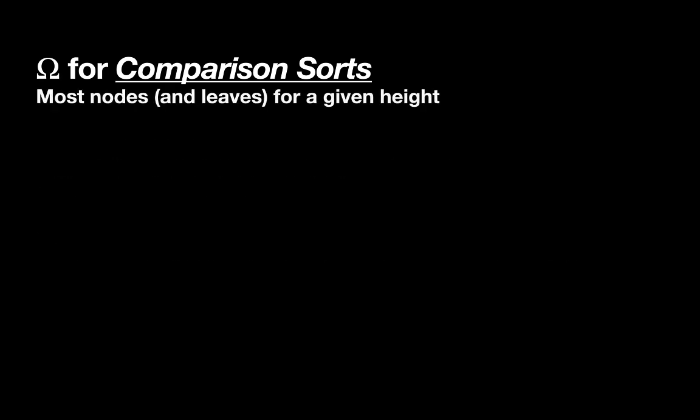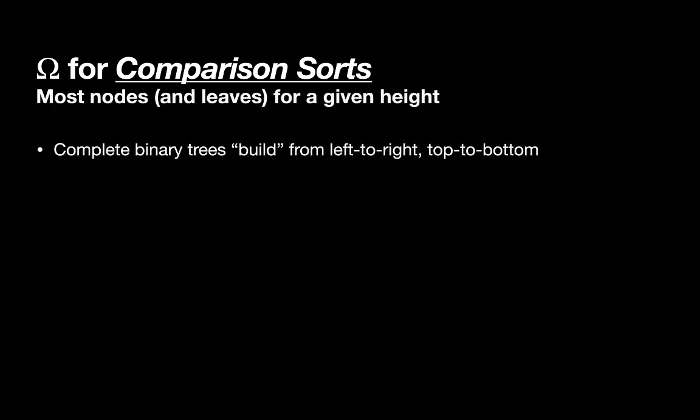Okay, so if you remember, these trees build from left to right, top to bottom, and we established some relationships for the number of nodes. So a tree of height h has between 2 to the power of h nodes and 2 to the h plus 1 minus 1. But what we're really interested in here is the number of leaves, because the number of leaves corresponds to the number of possible permutations.